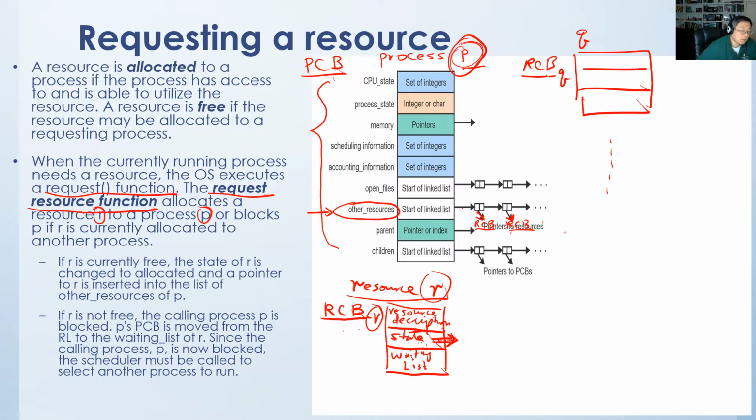Because the resource R is not available, the operating system will block process P. What does that mean? When process P is running, or ready, basically process P is currently on the ready list.